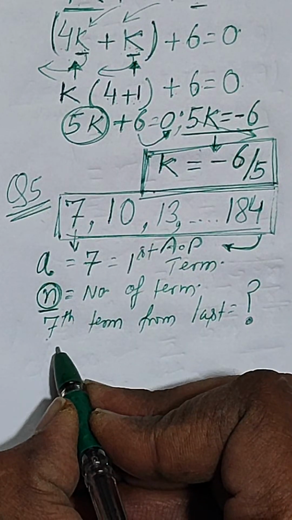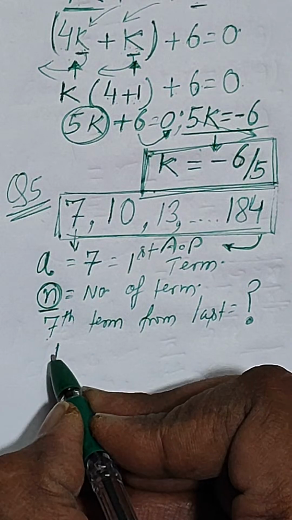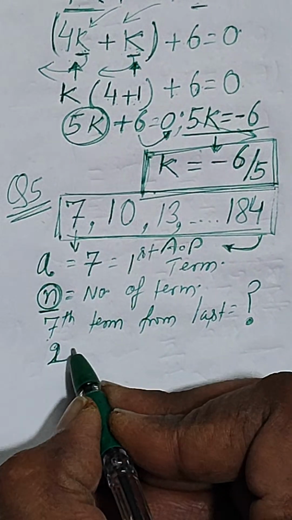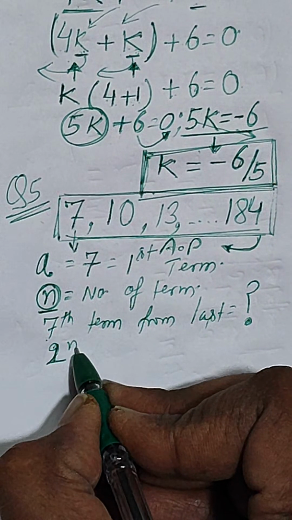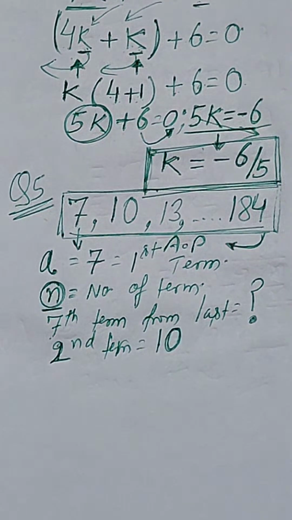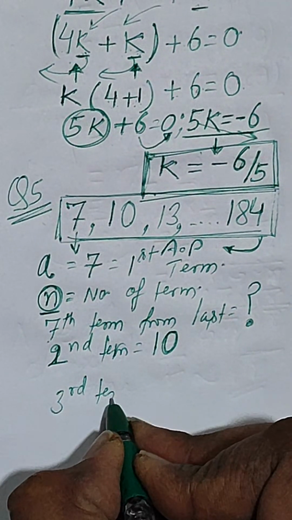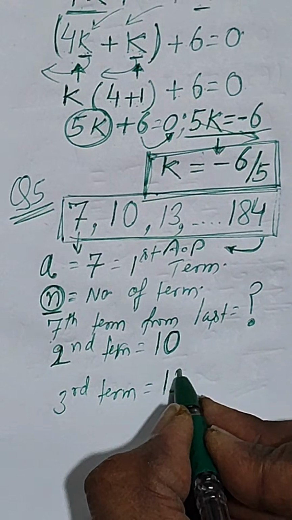The first term of this AP is 7, the second term of this AP is 10, and the third term of this AP is 13.